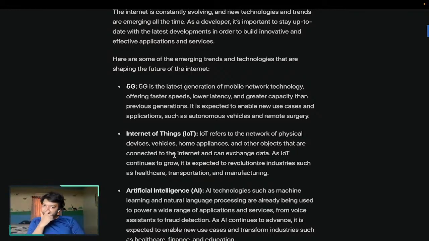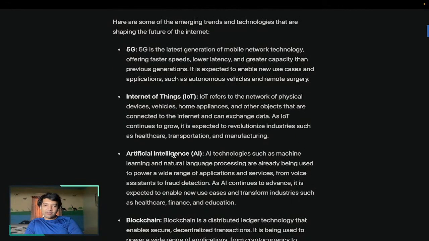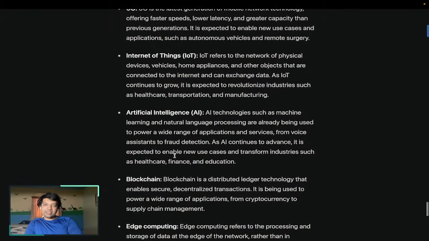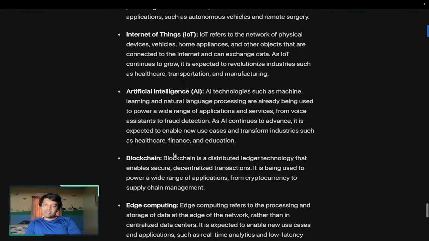IoT refers to a network of physical devices, vehicles, home appliances, and other objects that are connected to the internet and can exchange data. As IoT continues to grow, it's expected to revolutionize industries such as healthcare, transportation, and manufacturing. Are self-driving cars IoT? I think they are.